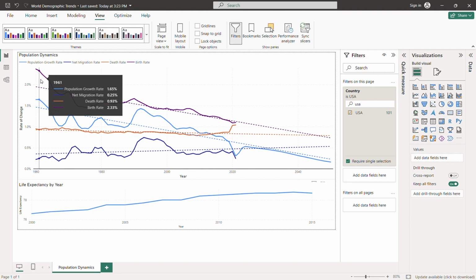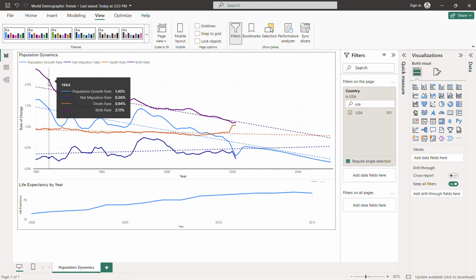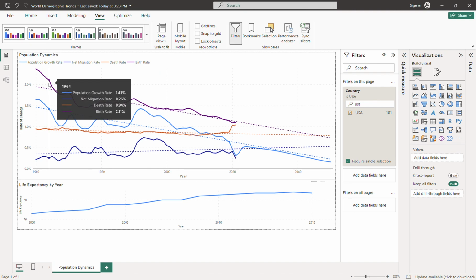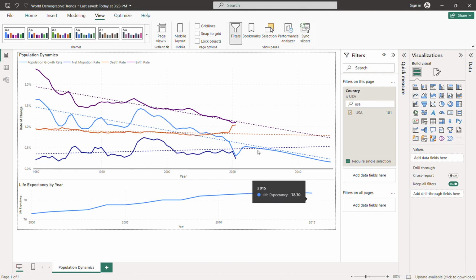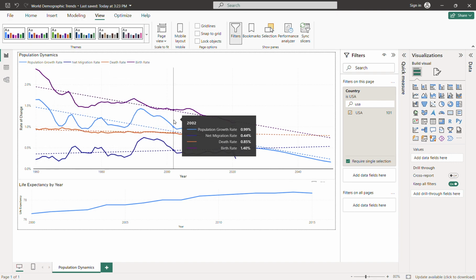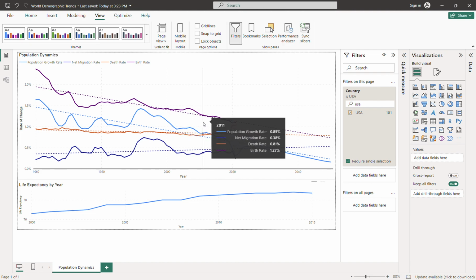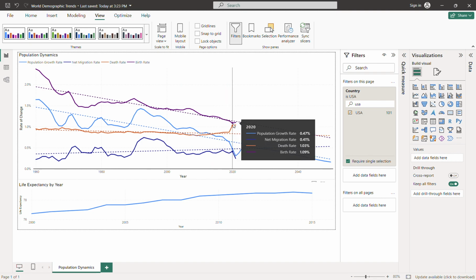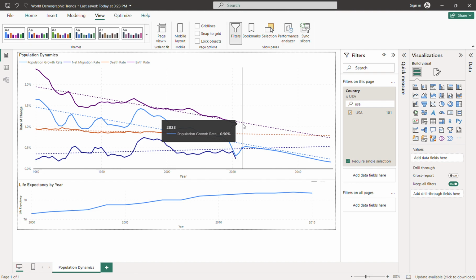So maybe the last baby boomers were born in maybe 1964-ish, and if you look at the average life expectancy even in 2015, you could think that, okay, 78 years plus 1964 means that the youngest baby boomers will maybe finish off their lives in maybe 2039. So you're probably going to see the death rate stay elevated until roughly that period of time.